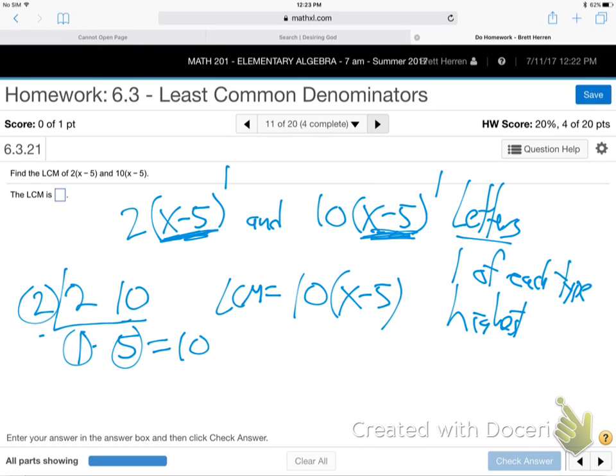Remember, we're shopping at Target, we're just going to buy one pair of shoes. So we just buy one. That's it, we're done. This is the LCM. Does that make sense? One of each type. So if they match, just grab one of them. If one of these was a third power and the other was a second, I would take the third power, the higher power. But they're both just regular first power, so I just grab one of them. It doesn't matter. Is that good on that? All right.